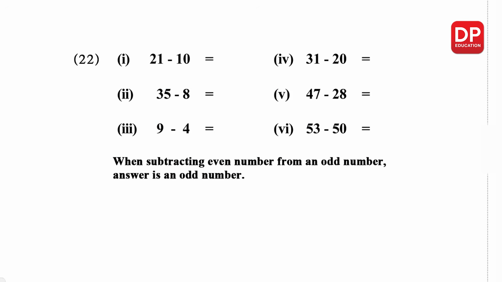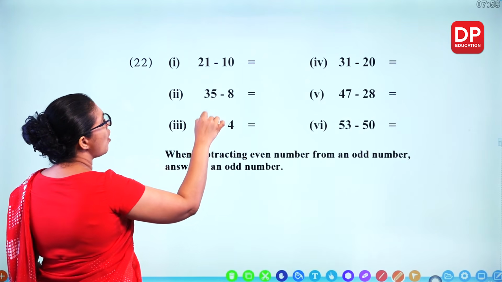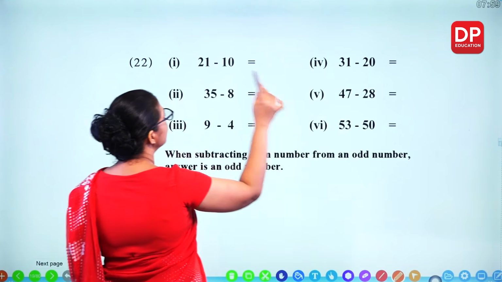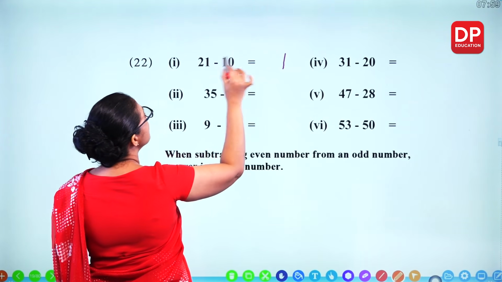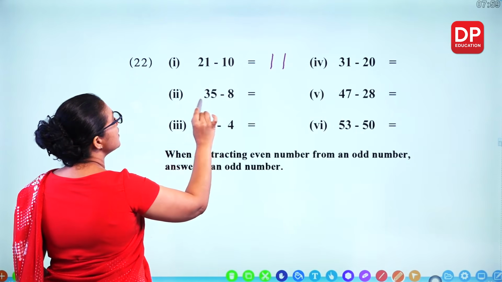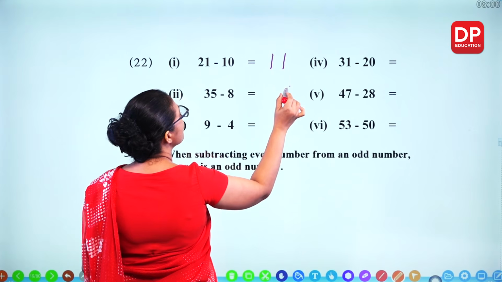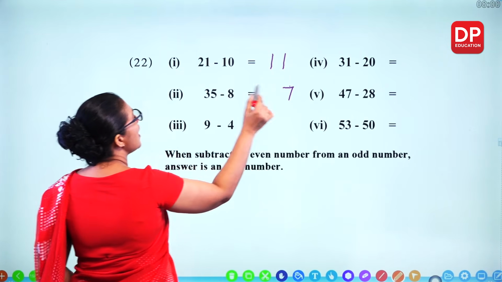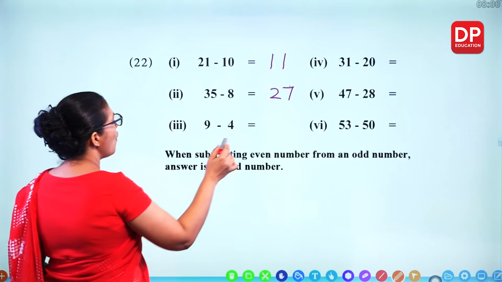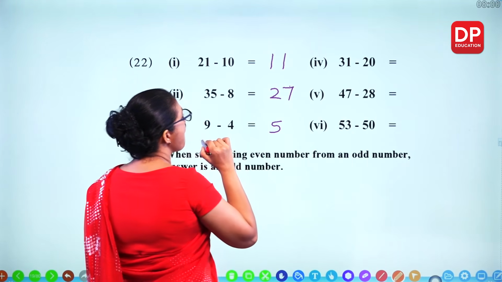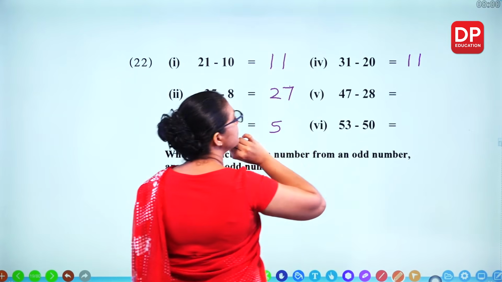This one, 21 minus 10. First number is odd, second number is even. So, what happens? 1 and 1, 11. 35 minus 8, 7 and 2, 27. 9 minus 4, 5. 31 minus 20, you get 11.